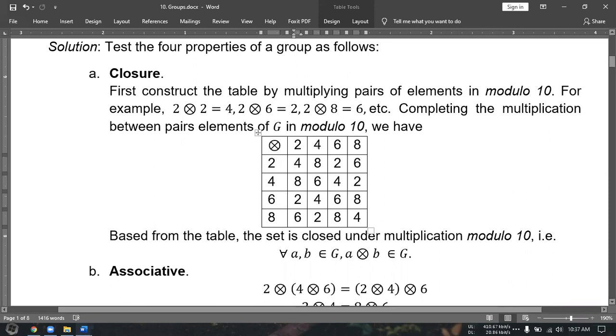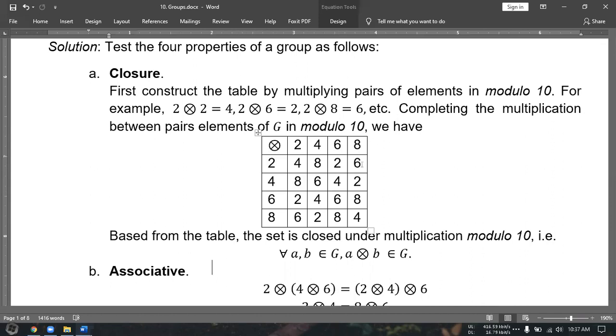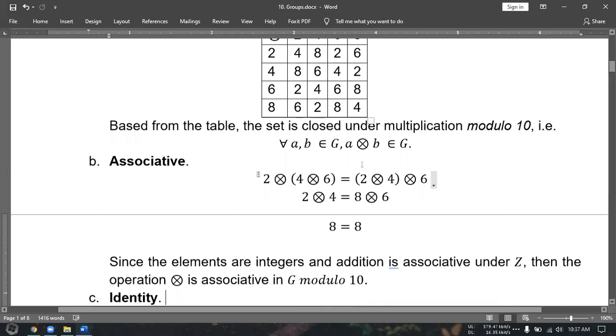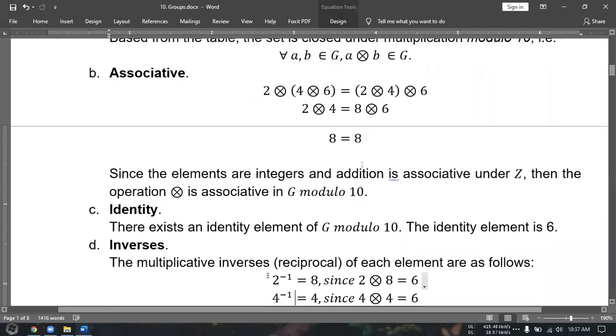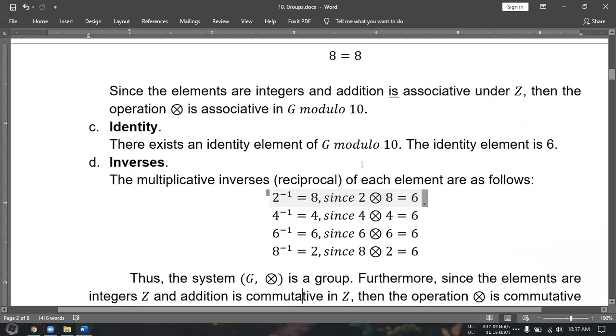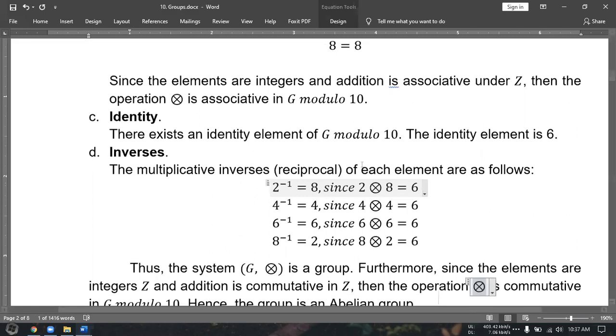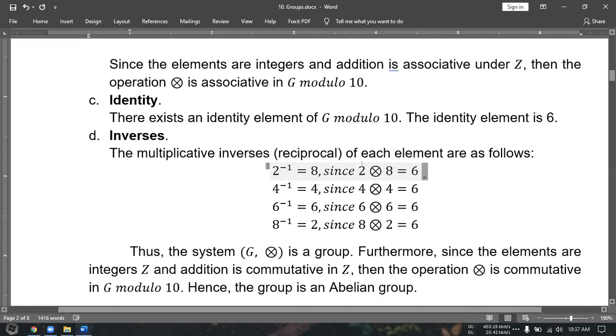And in fact, these are integers, and multiplication of integers is commutative. So we can use that definition. Since the elements are integers and multiplication is commutative in Z, then the binary operation is commutative in G modulo 10.